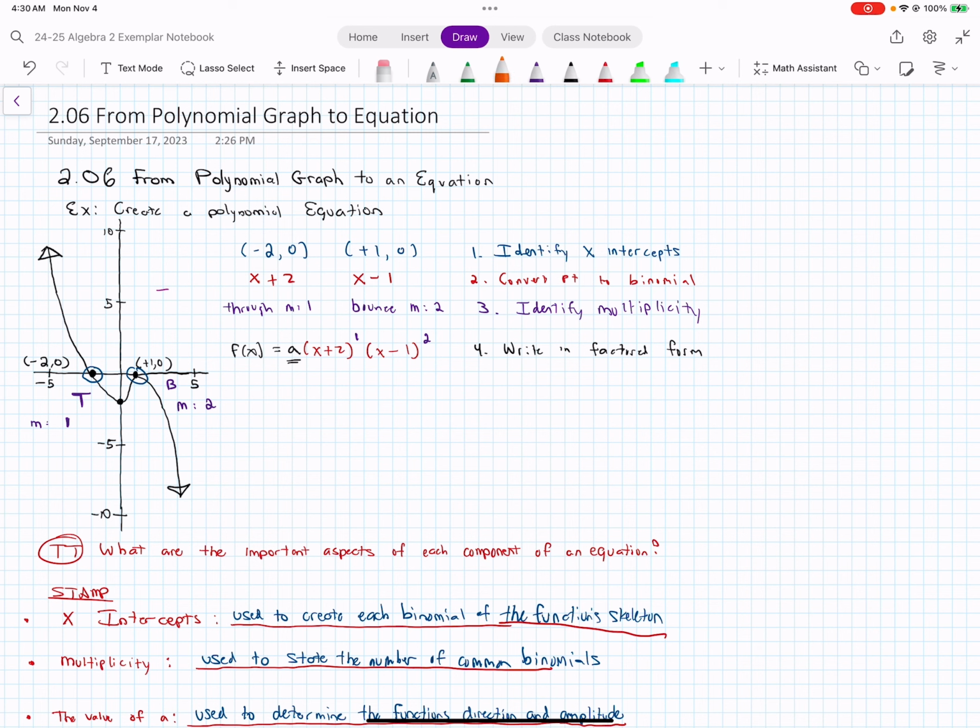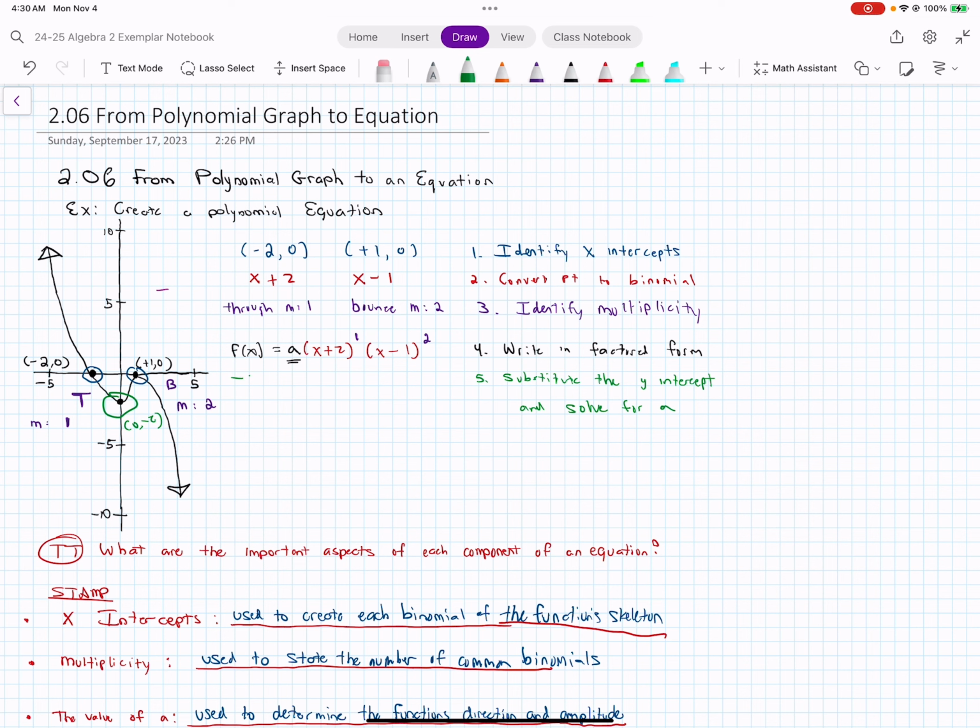So step 5 is to substitute the y-intercept and solve for a. So the y-intercept is on the y-axis, and that is at 0, -2.